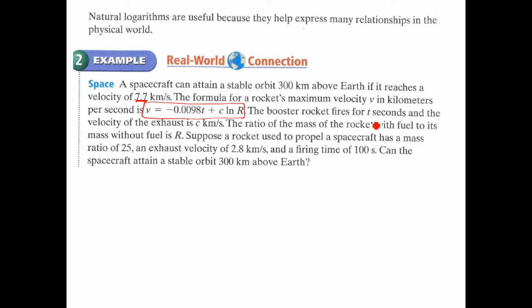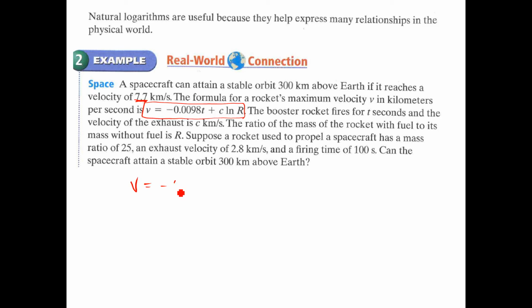The booster rocket fires for t seconds, and the velocity of the exhaust is c kilometers per second. The ratio of the mass of the rocket with fuel to its mass without fuel is r. So those are what all the variables stand for. Suppose a rocket used to propel a spacecraft has a mass ratio of 25. So that's r. An exhaust velocity of 2.8, that's c, and a firing time of 100 seconds. Can the spacecraft attain a stable orbit?